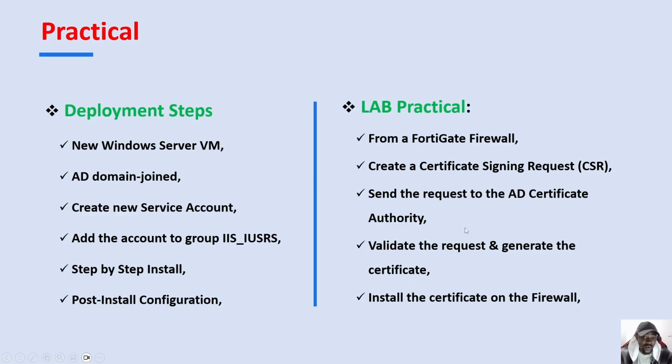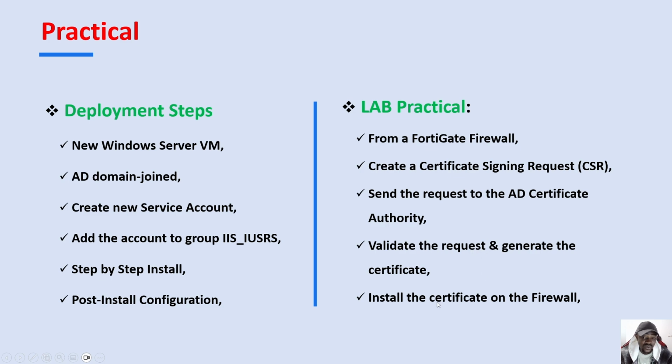So for the lab that we are going to do here, everything is related to FortiGate. From our FortiGate, we are going to create a certificate signing request. Then after creating it, we are going to send the request to the Active Directory Certificate Authority. Then from there, we'll see how to validate the request and generate a certificate from the ADCS.